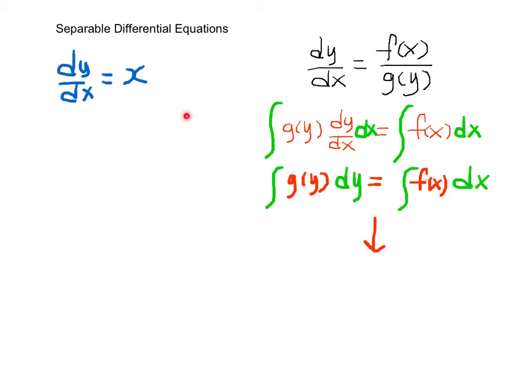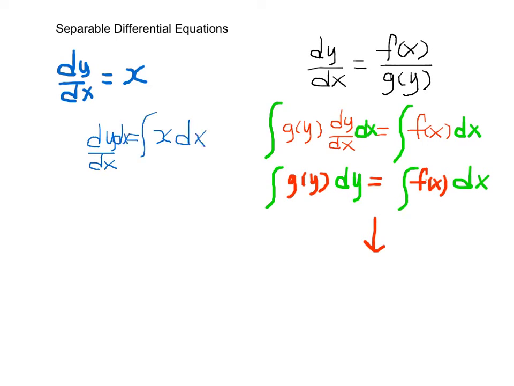So right here, we quickly show you how it is done. Again, we take this. The aim is to actually collect dx with x, and then any y expression with dy. Since there's no y term there, just let it be. This is dx, and then dx here, and you're going to integrate this with respect to x.